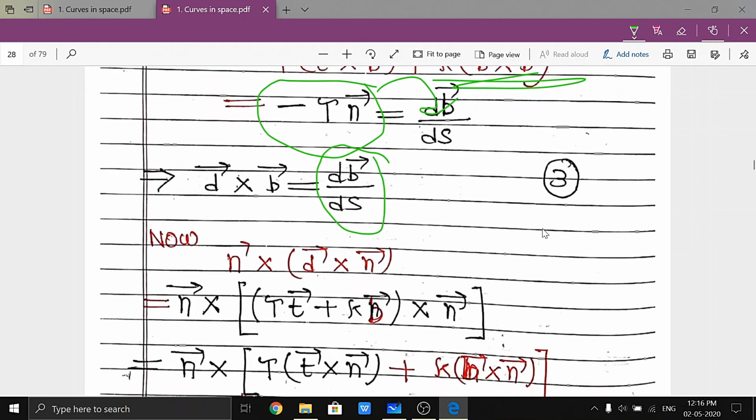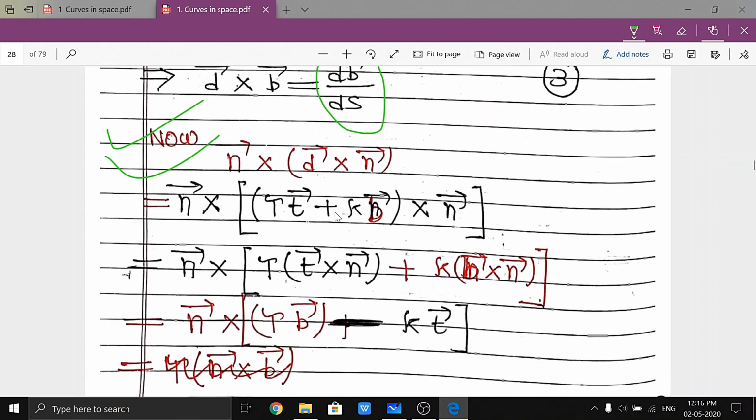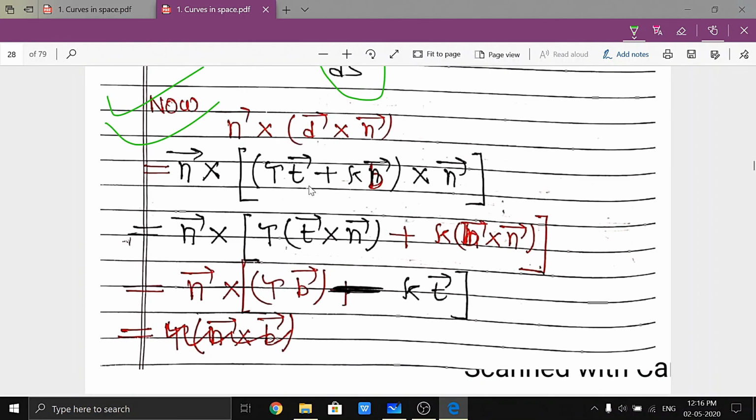Clear? Now the fourth result, which is d cross n. Substitute the value of d. So this is tau t plus kappa b, cross n. Taking the cross product first with t, then with b, this is t cross n plus b cross n. So t cross n is the b vector, and b cross n is the negative t vector.